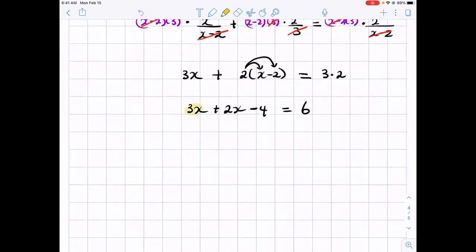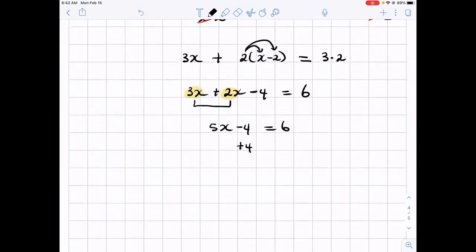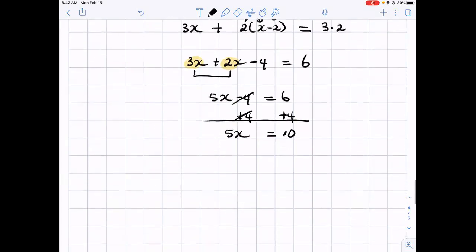Notice we have like terms on the same side of the equal sign. So 2x plus 3x becomes 5x minus 4 is equal to 6. And if we add 4 to both sides, we have 5x minus 4 plus 4 is equal to 0, or cancels out, and this is now 6 plus 4 is 10.